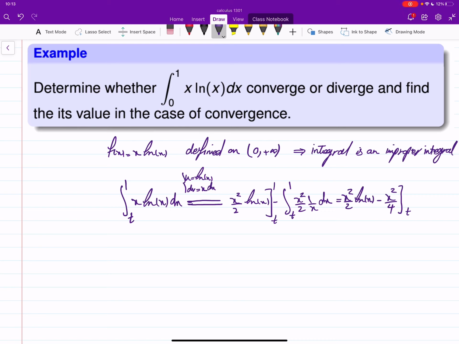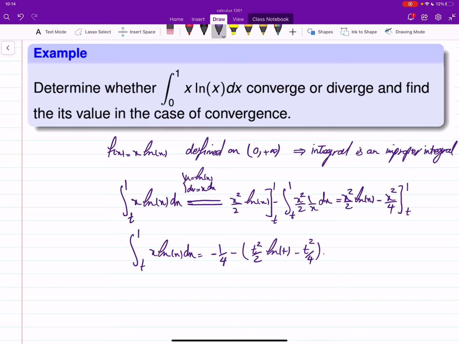So that will give me this, and t. What we found here is that the integral from t to 1 of x ln x dx is, let me just evaluate that. If I plug in 1, ln 1 is 0, so the first term will be 0, and 1 over 4 is what we'll get there, minus t squared over 2 ln t minus t squared over 4.